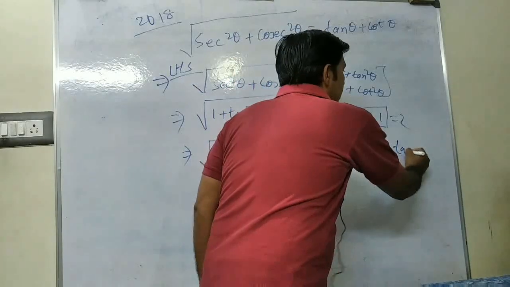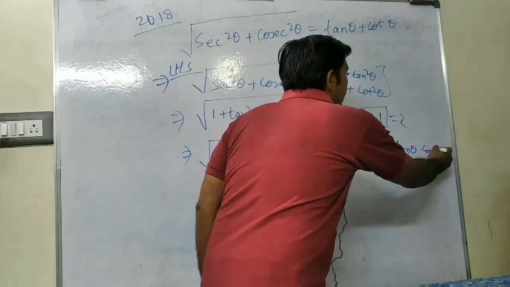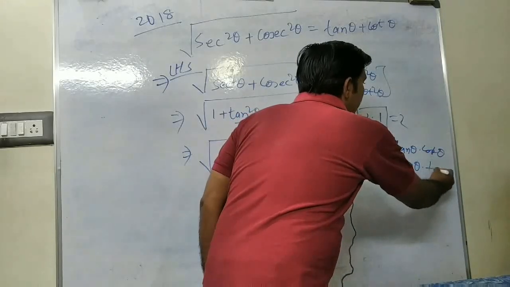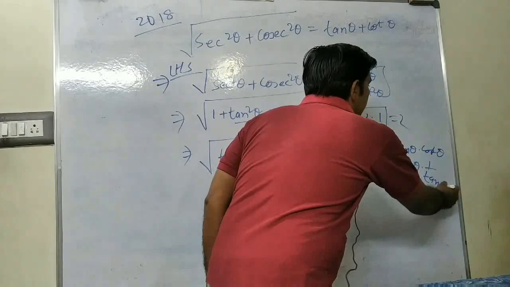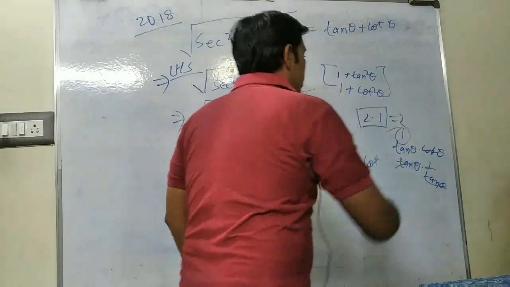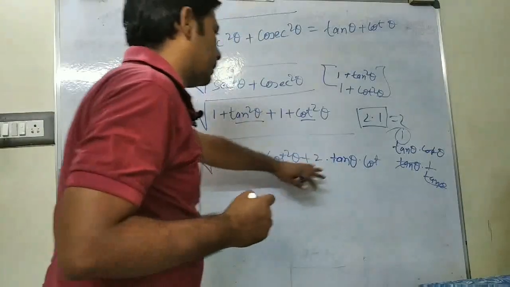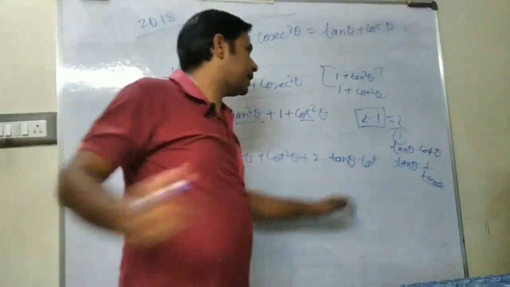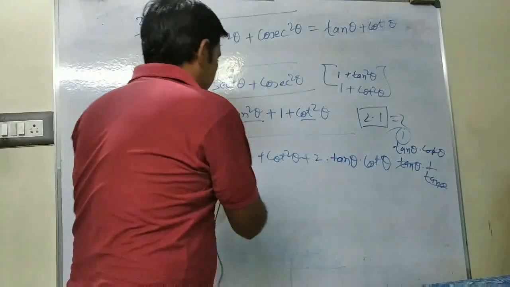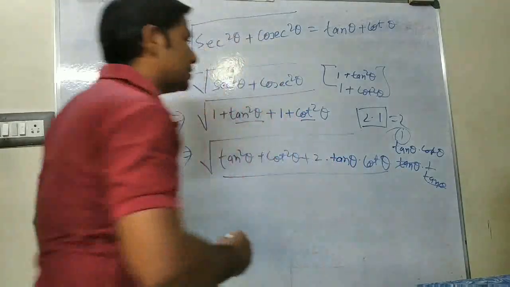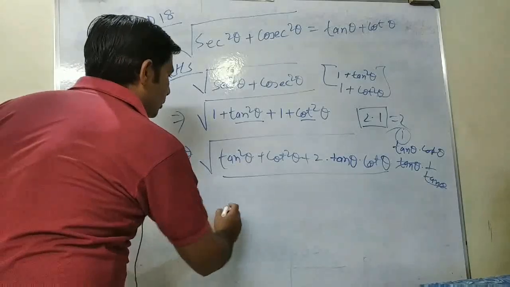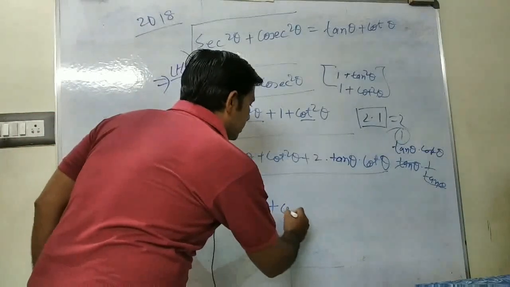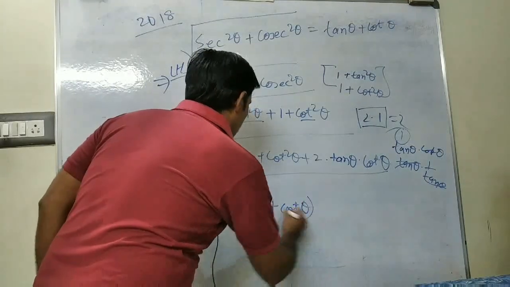Tan theta into cot theta means tan theta into 1 by tan theta, it will be cancelled. So again we will get 1 only. After putting the value of tan theta and cot theta here, we can get the equation of a square plus b square. So for that we can write tan theta plus cot theta whole square.